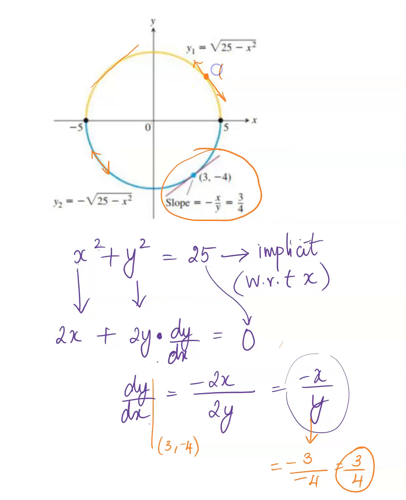Let's say this was (3, 4). Then I'll have the slope negative 3 over 4, because x is 3 and y is 4. So you see that that's a negative slope, and you can see that the line is falling.